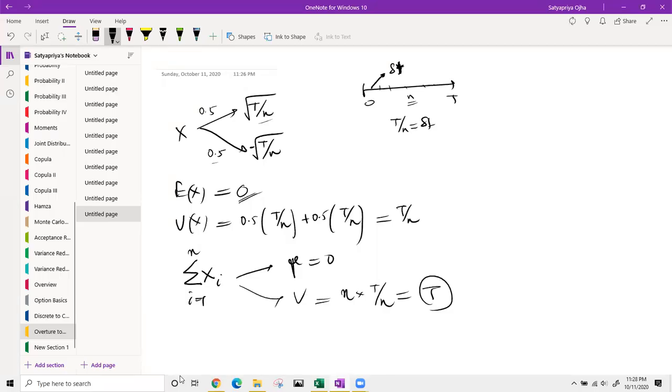Are there any questions? Mihir has a question: can we estimate n? No, the choice of n is arbitrary, that is up to me.